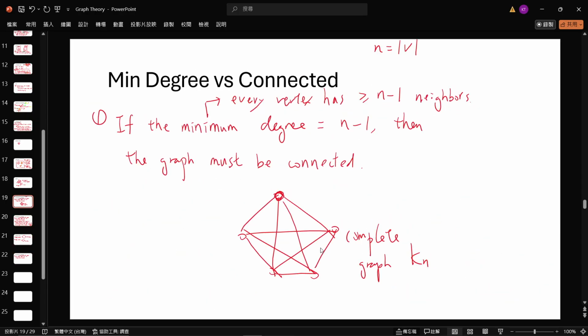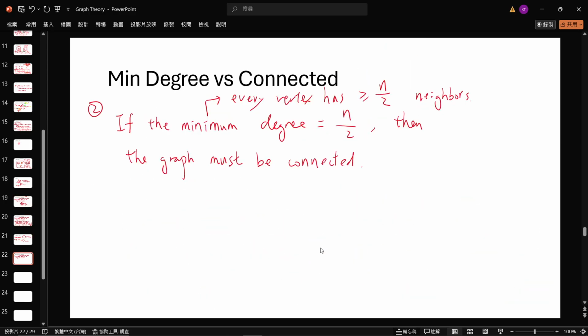So remember when we discussed the first question, it turns out that for every two vertices, there's an edge between them, okay? This is when the minimum degree is super high, like n minus 1. Now, when the minimum degree is n over 2, this is still very high, so this is a very dense graph.